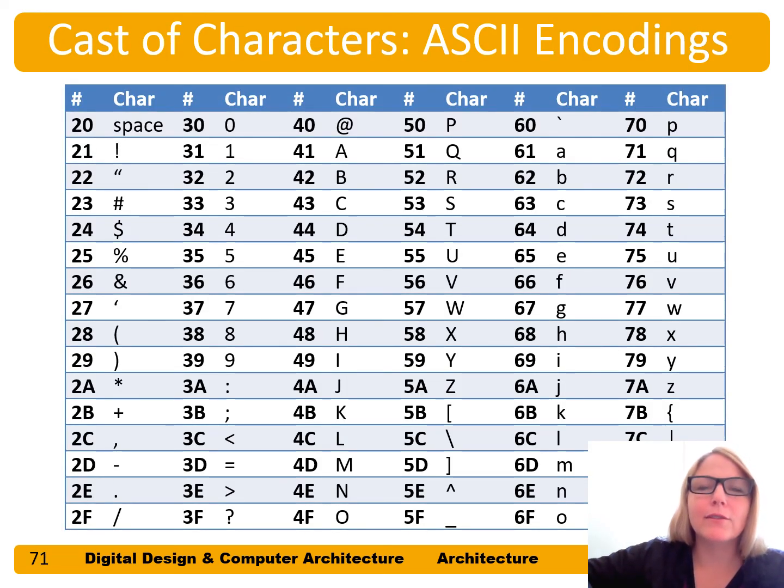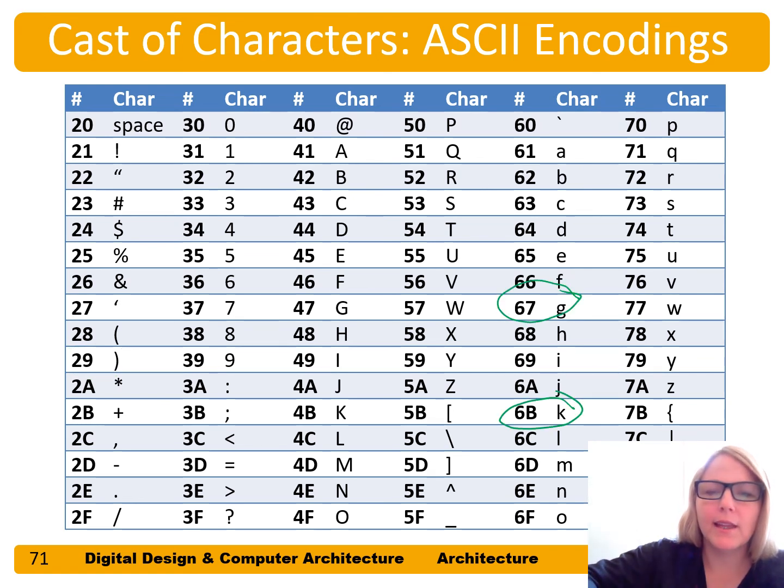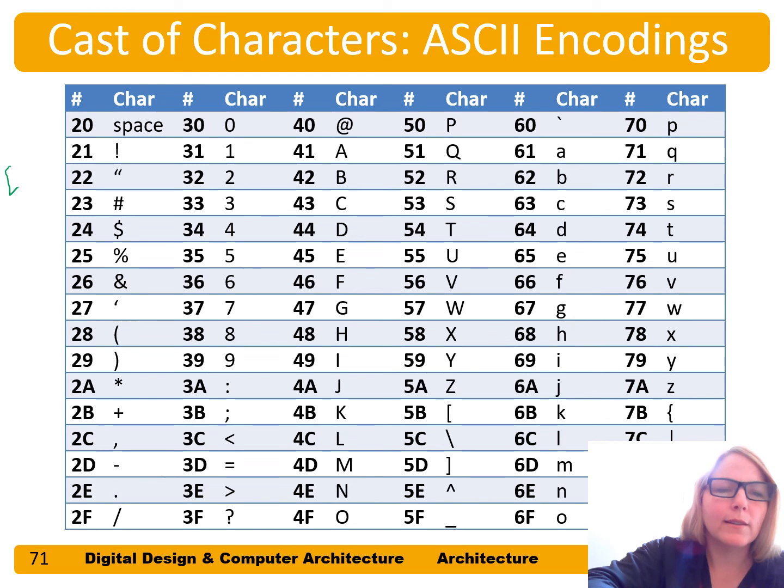And here's the table of all of the ASCII encoding. So for example, the right parenthesis is hex 29, little g hex 67, little k hex 6b, and we can see that big K is lower by hex 20, it's hex 4b, and so forth. And so we can have an array of characters where we want to store the value START.